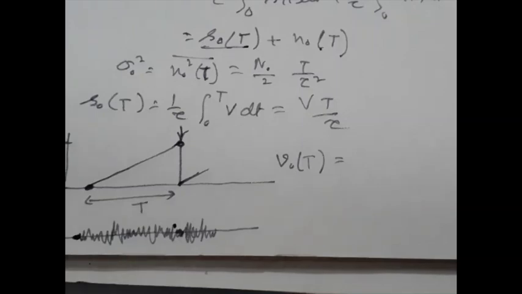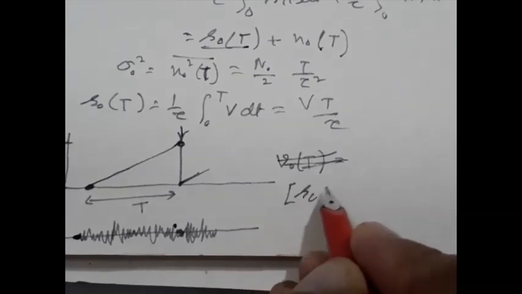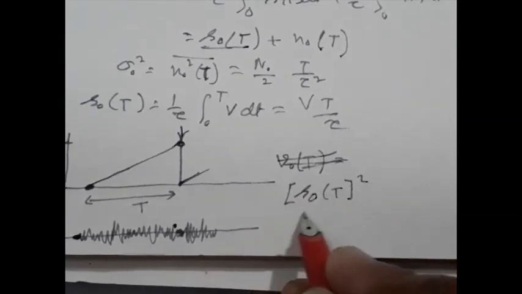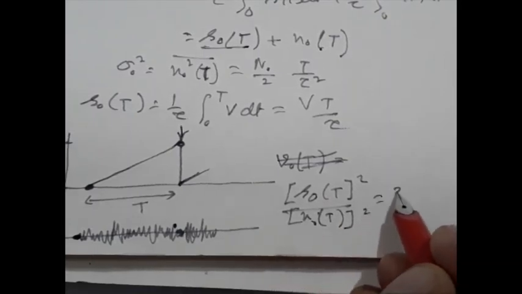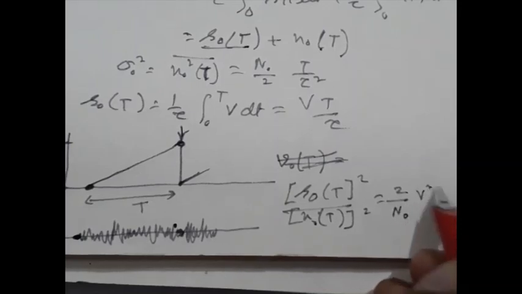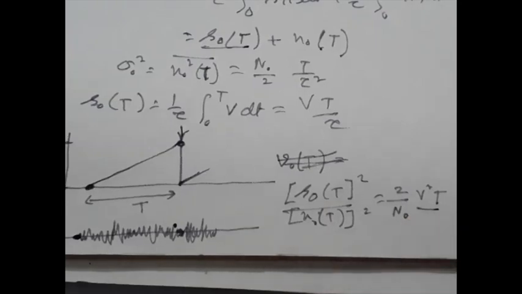Hence the figure of merit of interest is the signal to noise ratio that we can calculate as S0(T) whole square by N0(T) whole square equal to 2 by N0 V square T. And you can see that the signal to noise ratio increases with increasing bit duration T, and that it depends on V square T, which is the normalized energy of the bit signal.